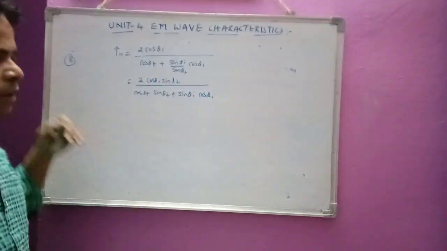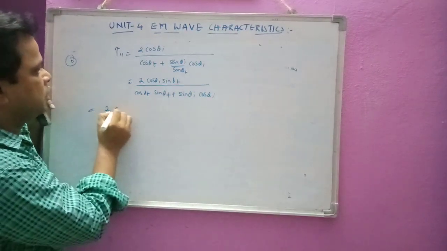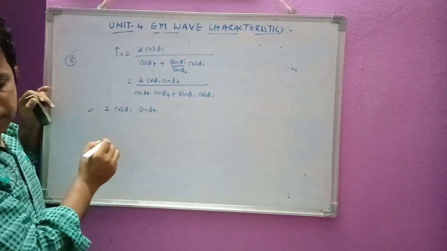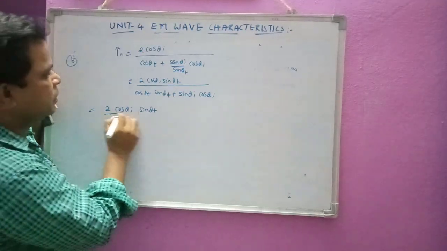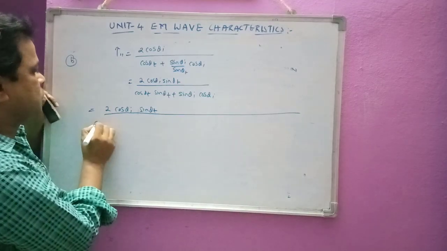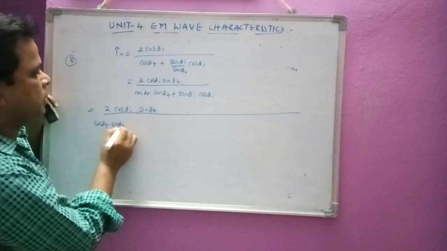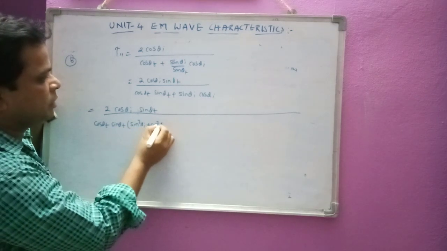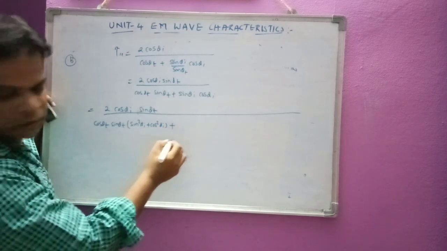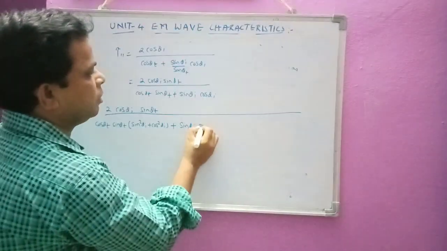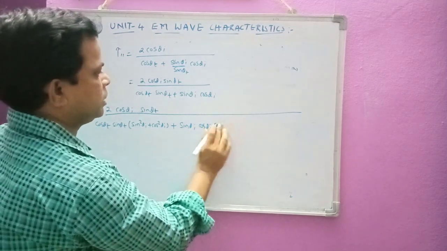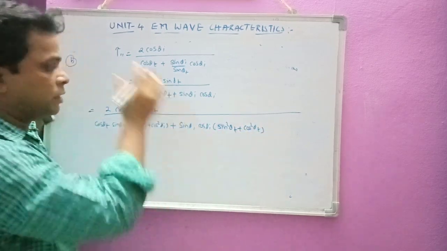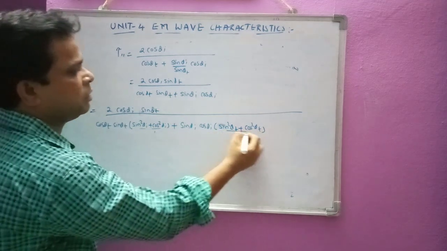This equation will look like this: cos θi sin θt by cos θt sin θt into (sin² θi plus cos² θi) plus sin θi cos θi into (sin² θt plus cos² θt). So this value will be equal to 1, and this value will be equal to 1 here.